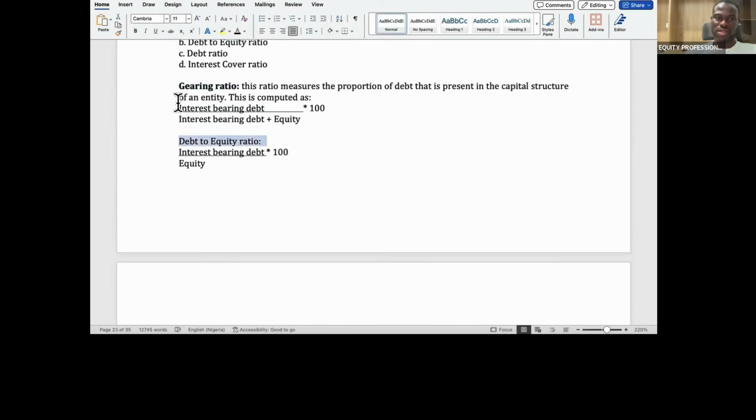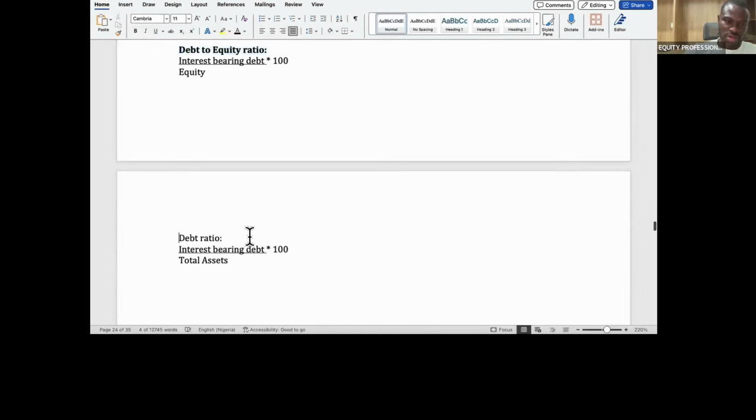But this gearing ratio, debt to equity ratio, debt ratio is the same thing. They indicate the same thing, which is what you want to get out of a company. Any one of the three.